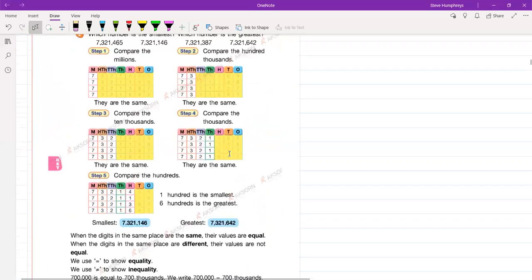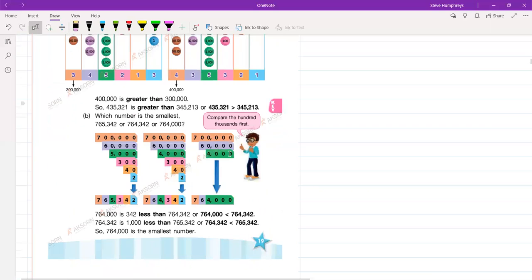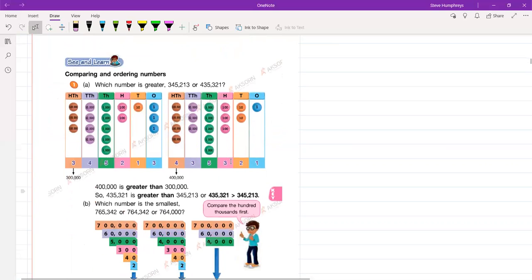Page 19. Comparing and ordering numbers. Which number is greater? 345,213 or 435,321. Well, you can see straight away that in the 100,000s, this number has 4, this number has 3.